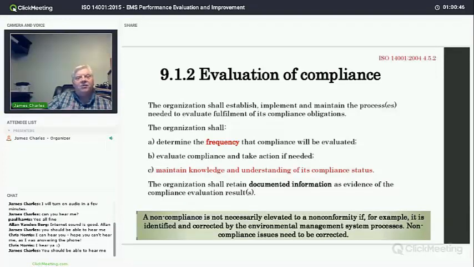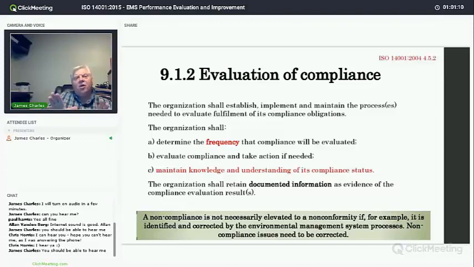And that again is a way to maintain knowledge of our compliance status. Our 5S audits. Anything that we're doing, hopefully we're doing periodic checks on our universal waste, the batteries and bulbs. Those would all be different ways that you are maintaining knowledge of your compliance status.